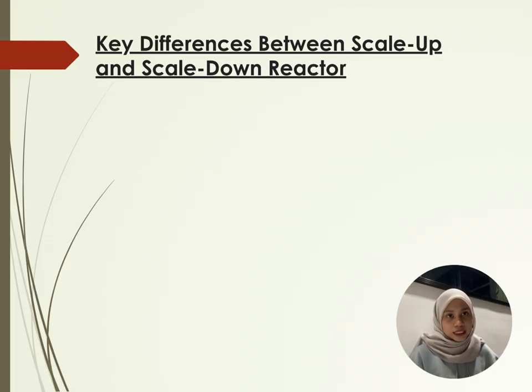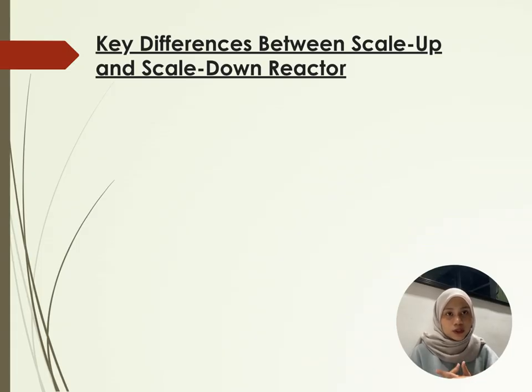Scale-up reactors are mainly used for mass production, while scale-down reactors are more suitable for testing and simulation. In terms of cost, scale-up reactors require larger equipment, more space, and higher operating costs. Meanwhile, scale-down reactors are smaller, cheaper, and easier to handle.